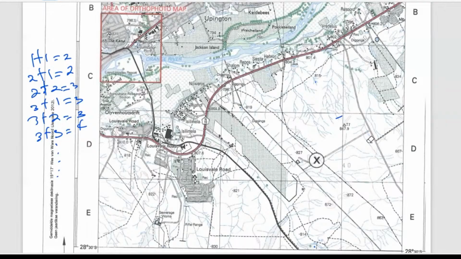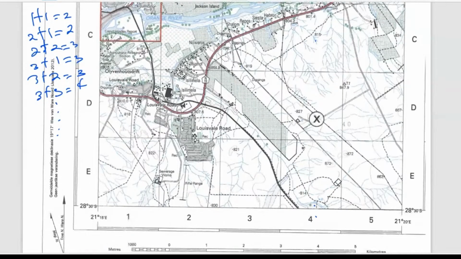Right, we trace the stream which flows past X. We can see that it is this stream coming from the eastern direction, which is northeastern. This stream is starting here, and this one is starting here. They don't have tributaries. This is stream number 1, and this is number 1, and they have a confluence here to give us stream number 2.